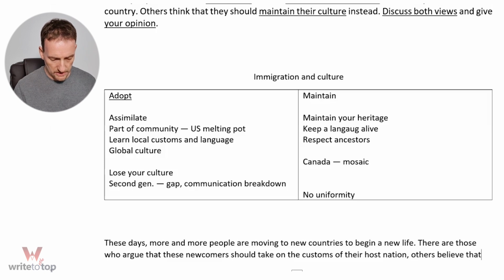Others believe that they should preserve their ancestral heritage.